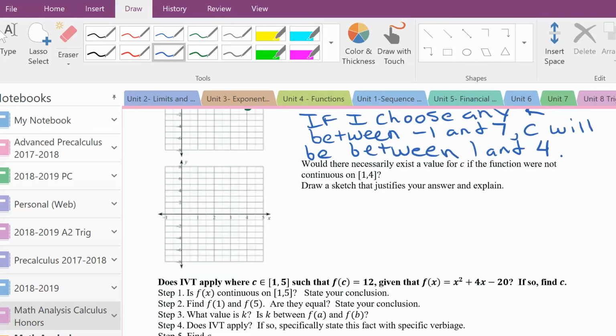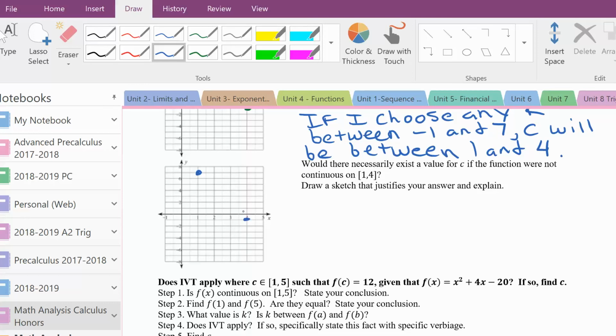Now, if the function were not continuous on the interval between 1 and 4, would there necessarily exist a value for c? Would there necessarily exist a value for c if the function were not continuous? So, for example, if I drew, f of 1 is 7, so there's 7. F of 4 is -1.